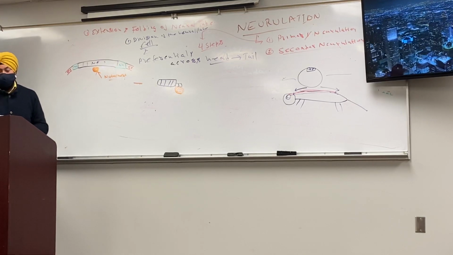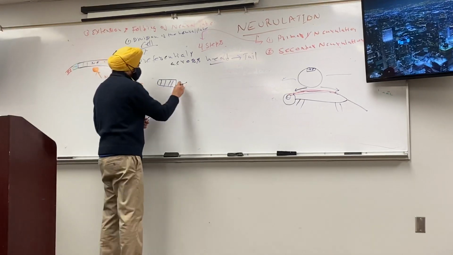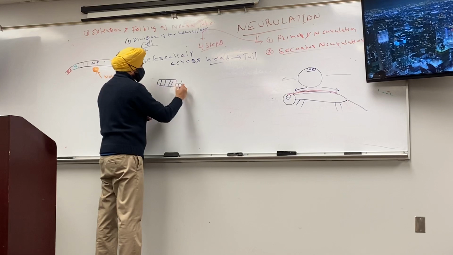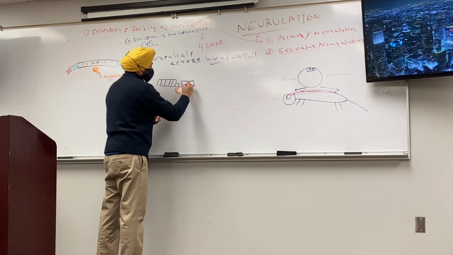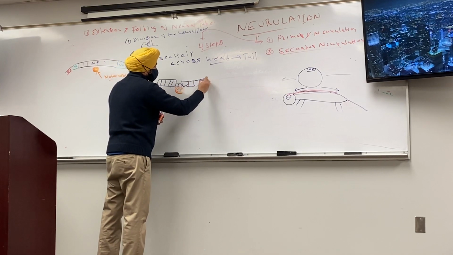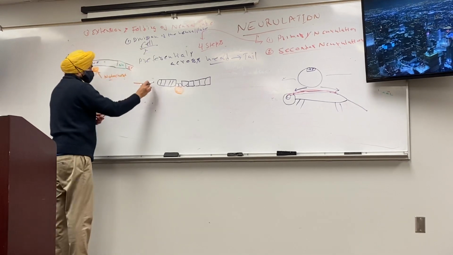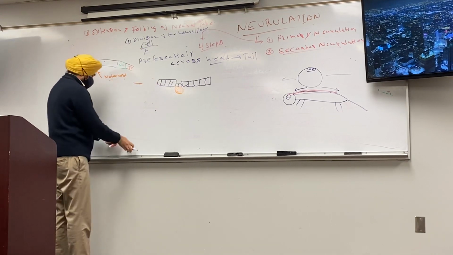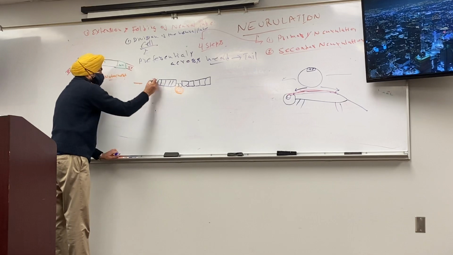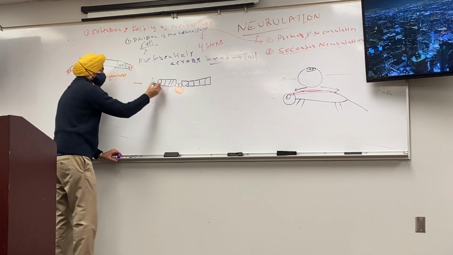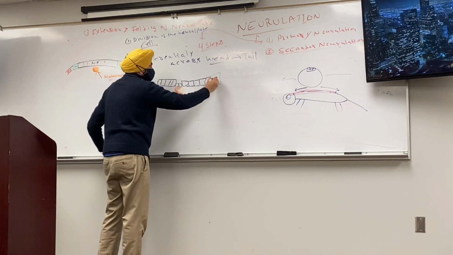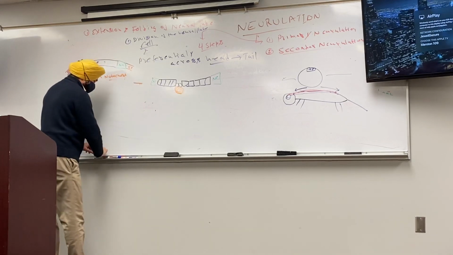Cells above them shorten, and then think about this. They're like this, and right here is your neural crest, and above after this is epidermis.